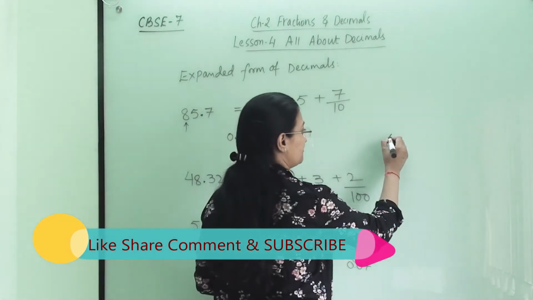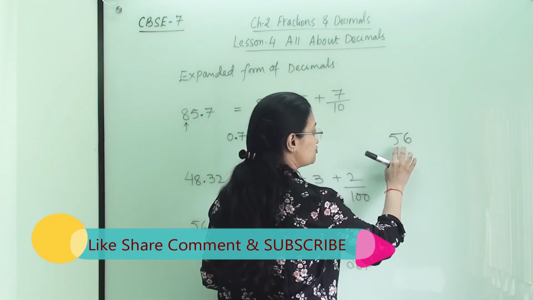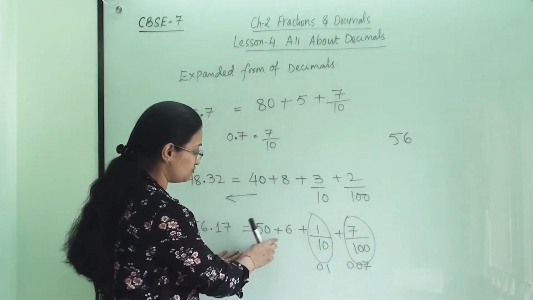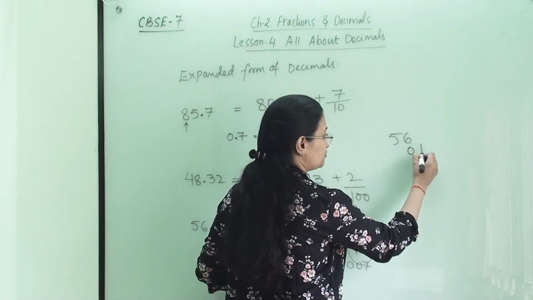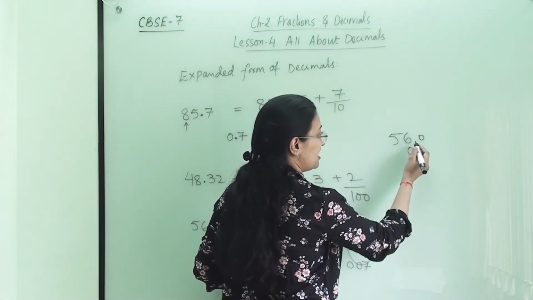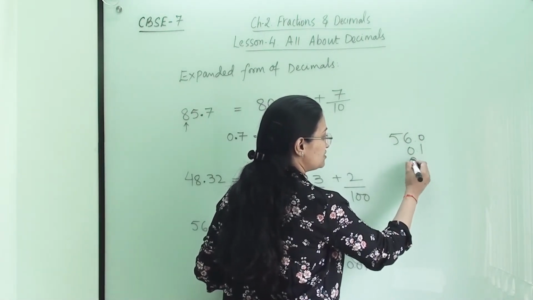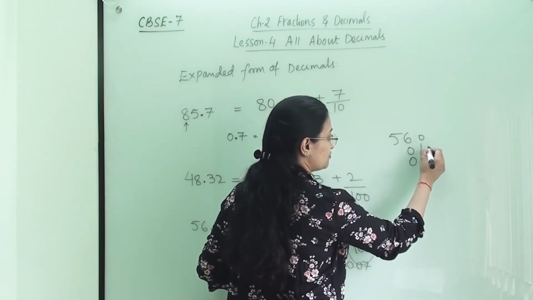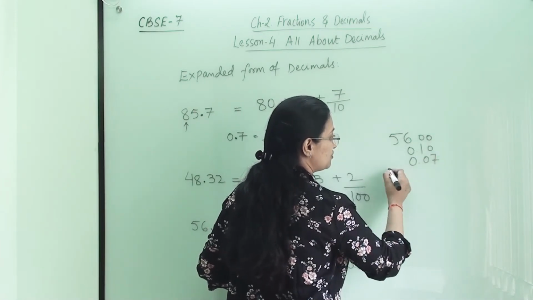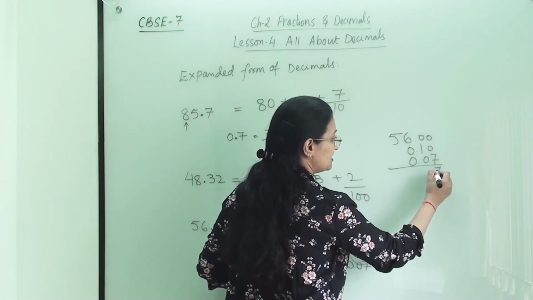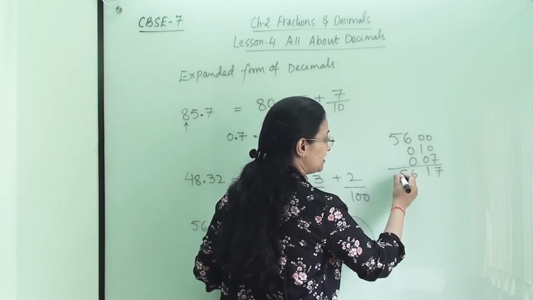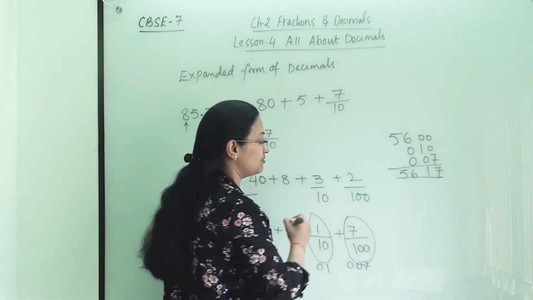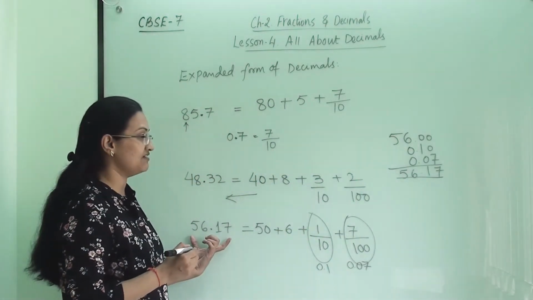First we write 56, then we add 0.1, writing it after the decimal point. Now 0.07, where we add a zero because there is no number. So here 7 will come, here 1 will come, then 6 and then 5. So this is our number, 56.17.